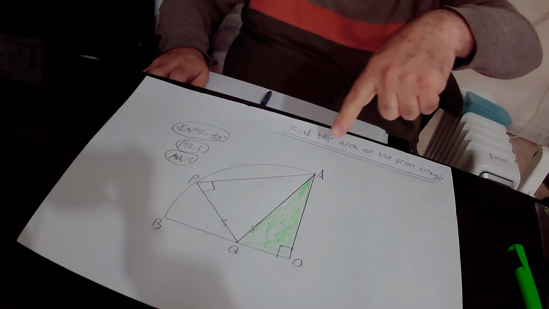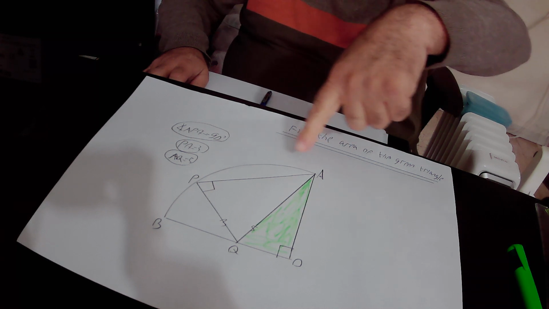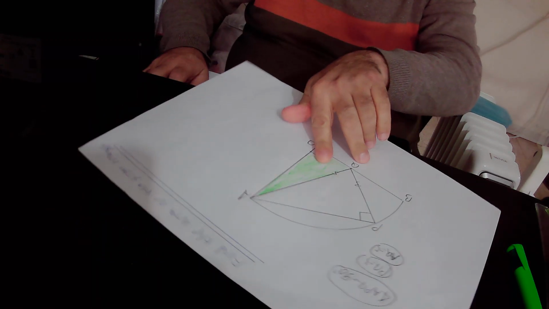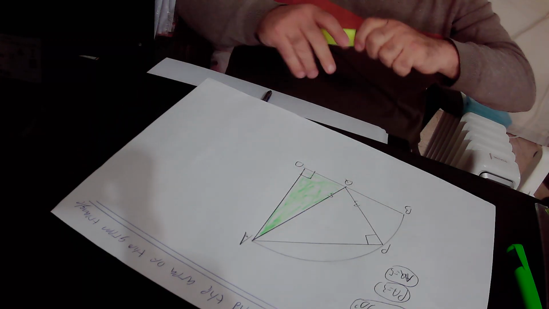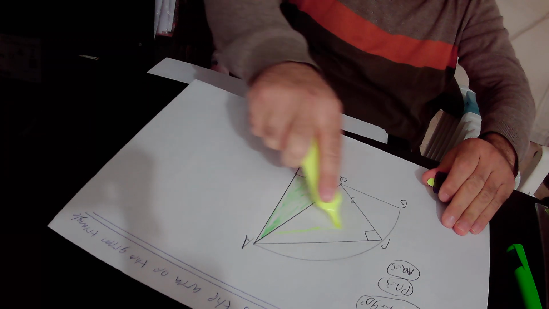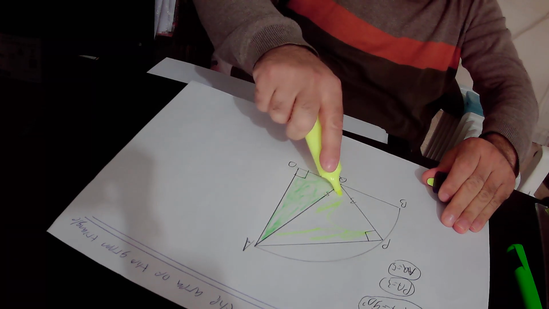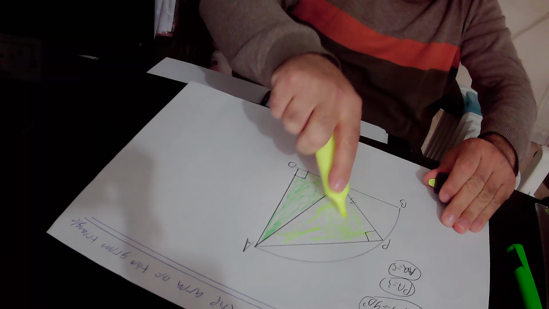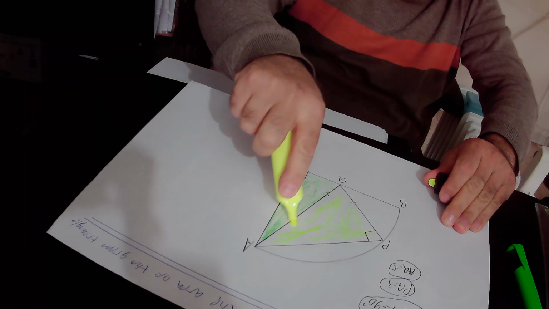First of all, we focus on the right yellow triangle APQ, and we implement on this triangle the Pythagoras theorem.